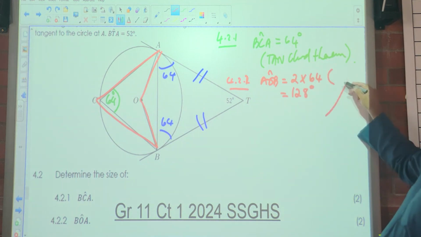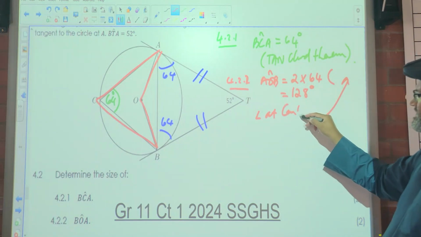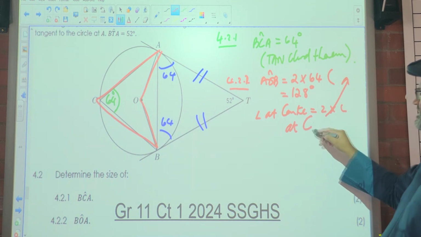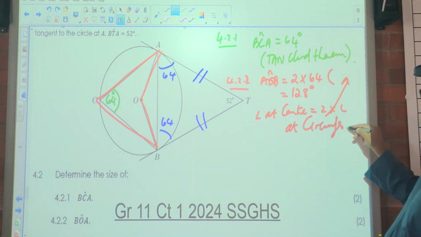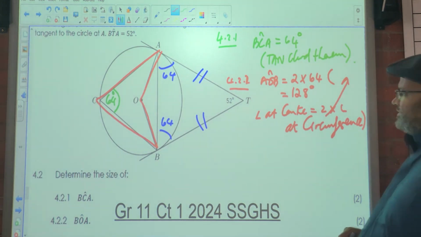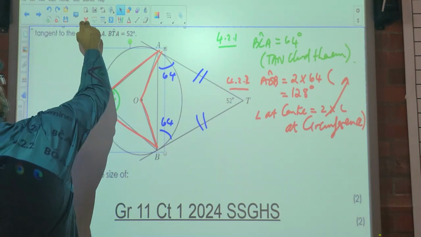And the reason should have gone here: angle at center equals 2 times angle at circumference. So there it goes. 128.